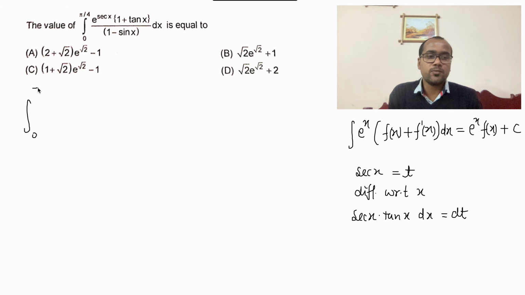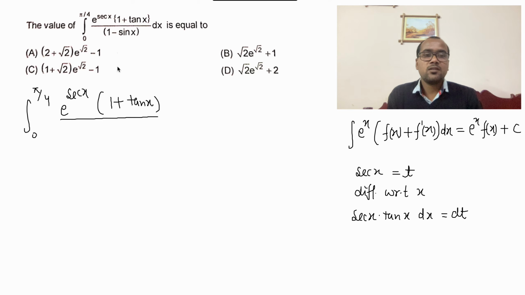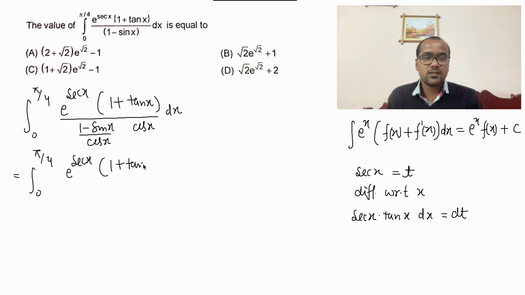So we can write 0 to pi by 4 e to the power sec x as it is, (1 plus tan x) as it is, and in the denominator let me multiply and divide by cos x. So this is (1 minus sin x) upon cos x into cos x dx. This will become 0 to pi by 4 e to the power sec x, (1 plus tan x) as it is.